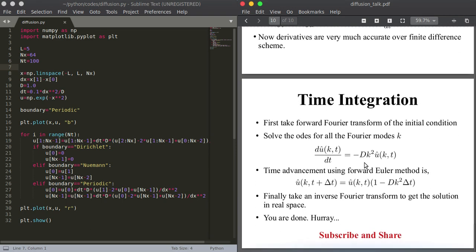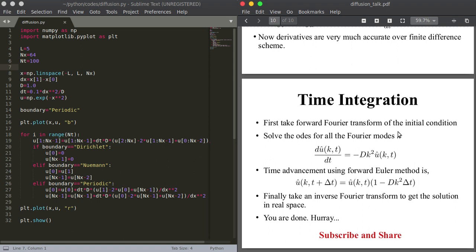Okay, now the time integration scheme is the same. First take the forward Fourier transform of the initial condition, then solve the ODEs for all the Fourier modes k. For one particular k, this has the same computational complexity as the finite difference code.